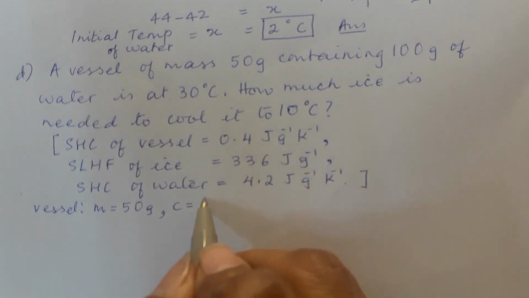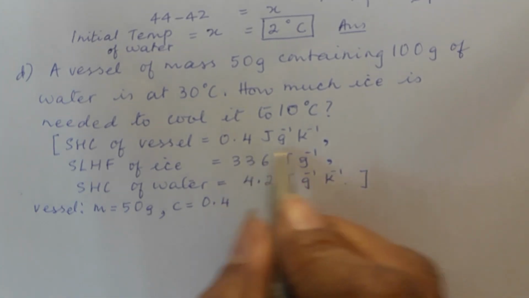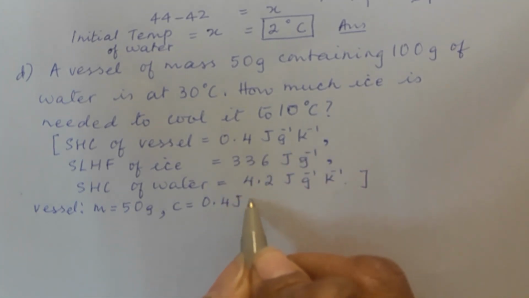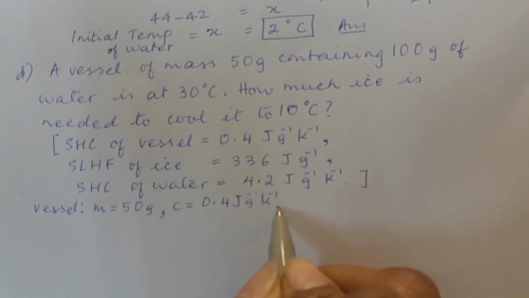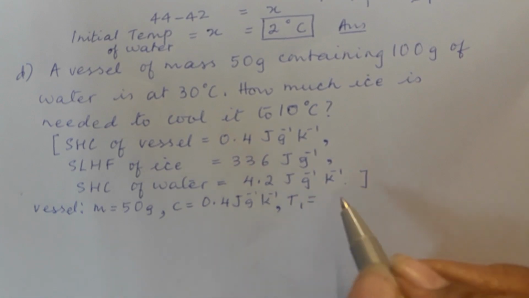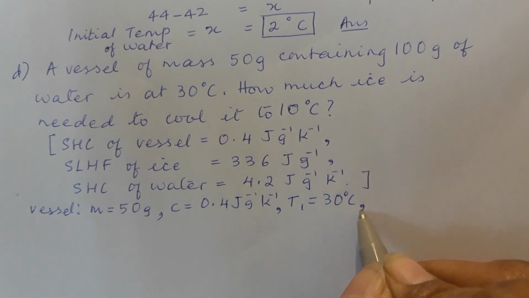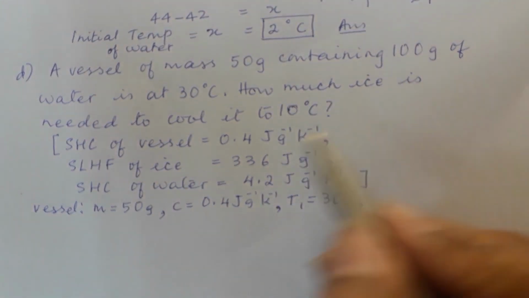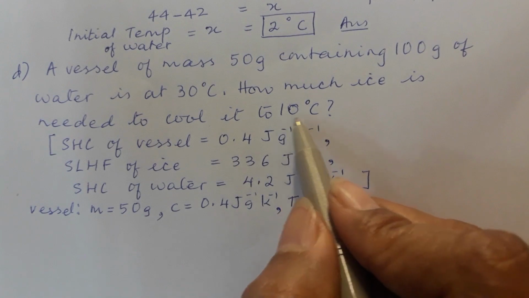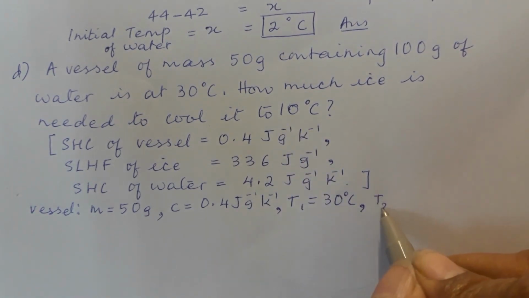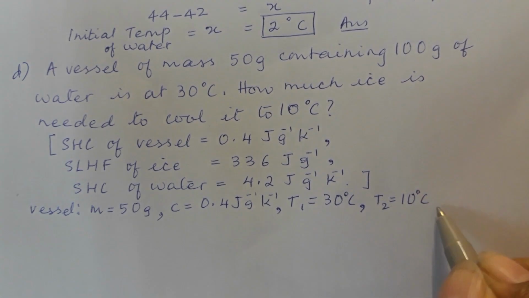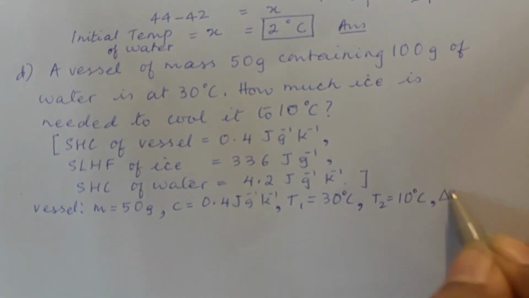SHC for the vessel is 0.4 joule per gram per Kelvin, it is given here. Its initial temperature T1 is 30 degrees C, and we have to add ice to this so that it becomes 10 degrees C. So T2 is equal to 10 degrees C, and that gives ΔT for it, 30 minus 10, that is 20 degrees C or Kelvin.